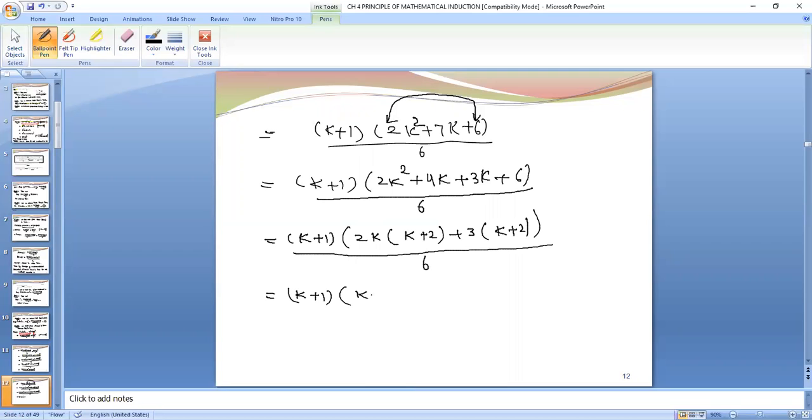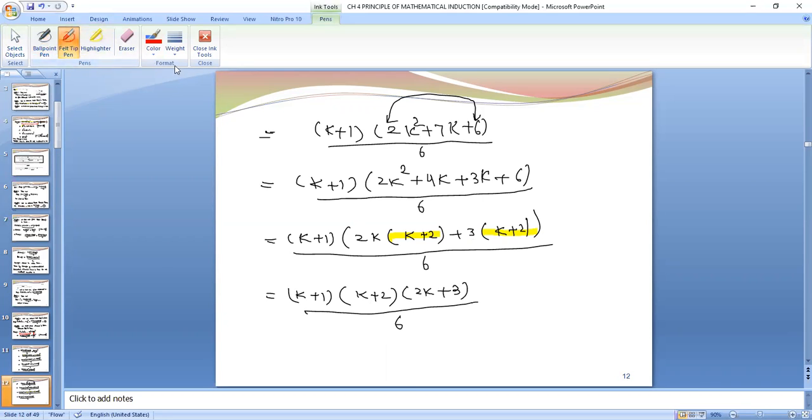I am taking common k plus 2. If k plus 2 will go out, what will be left? It is 2k plus 3 upon 6.